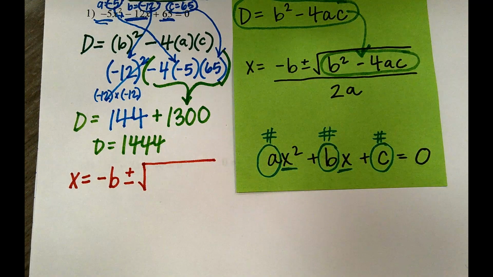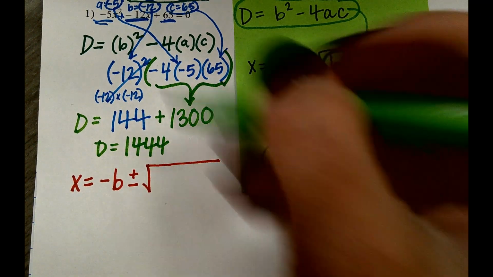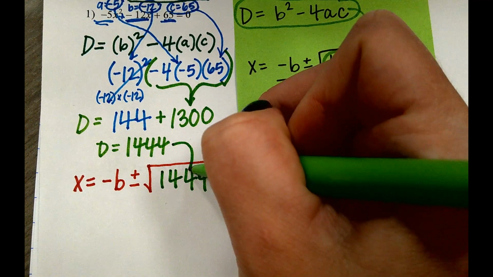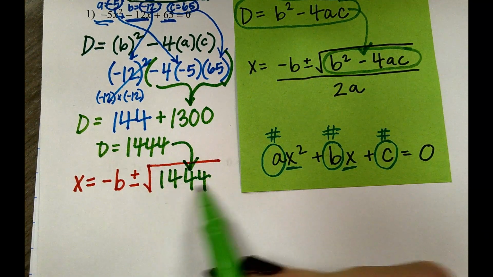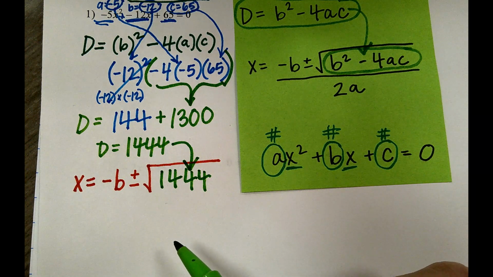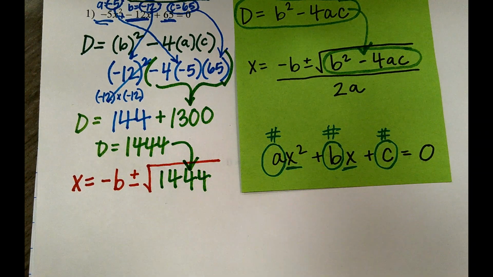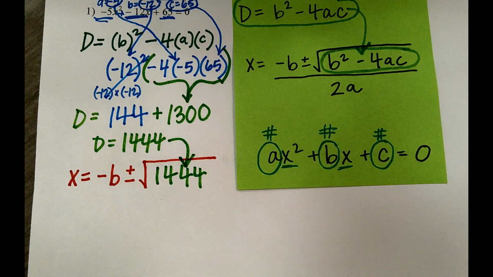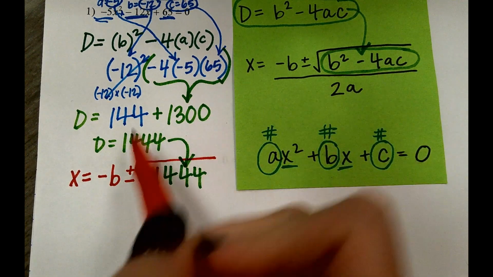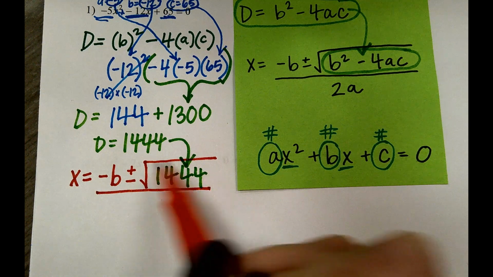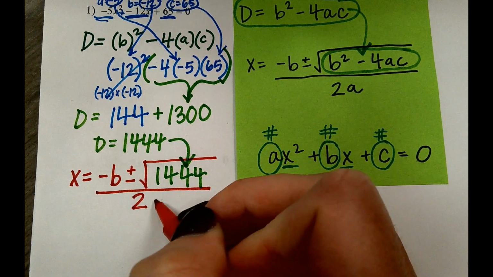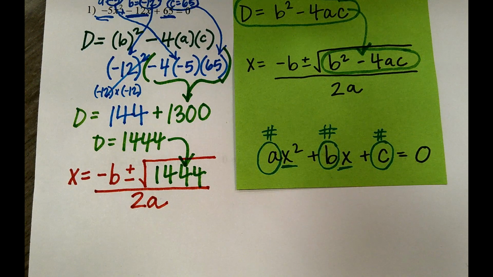So let's just put 1,444. Okay, is everybody okay with that? We'll get you there. We just found the discriminant. We put it in there. I'm just going to write the rest of the formula, all of that divided by 2 times a.